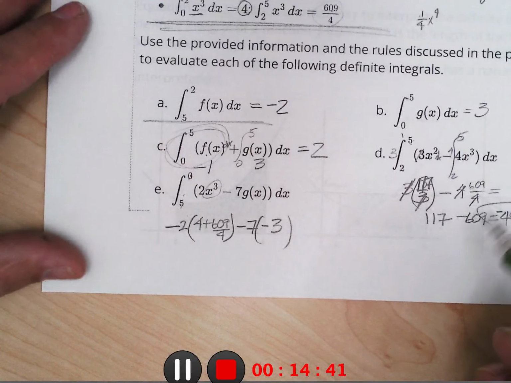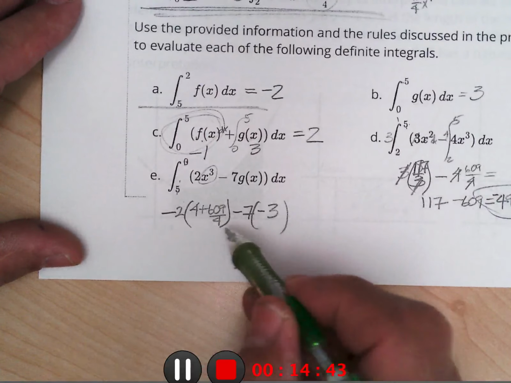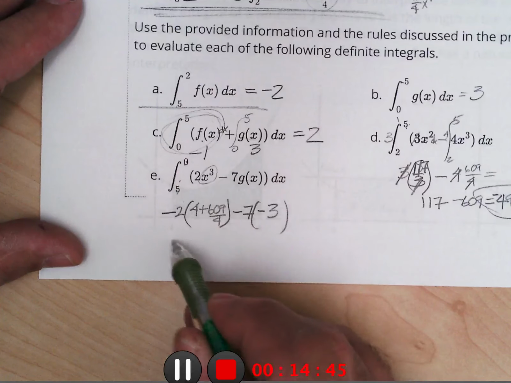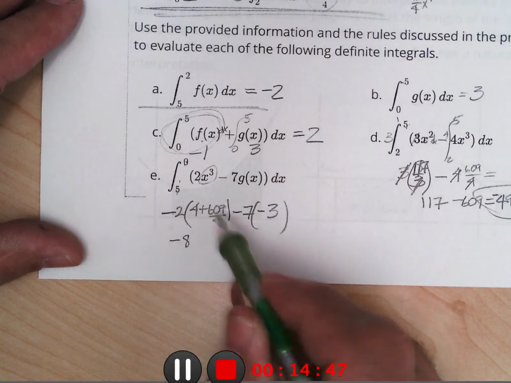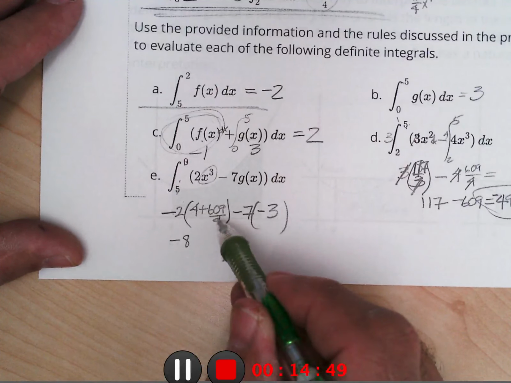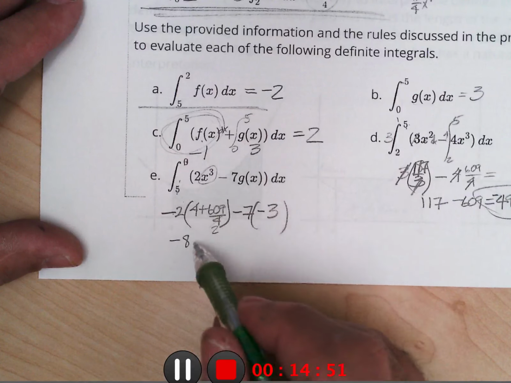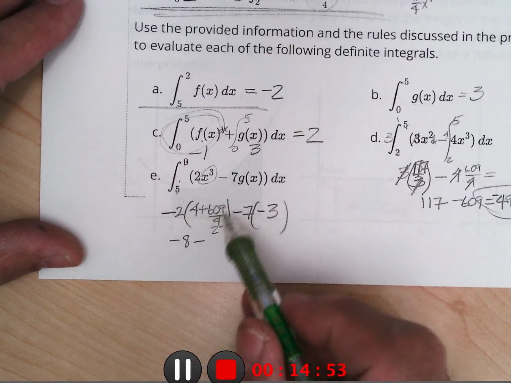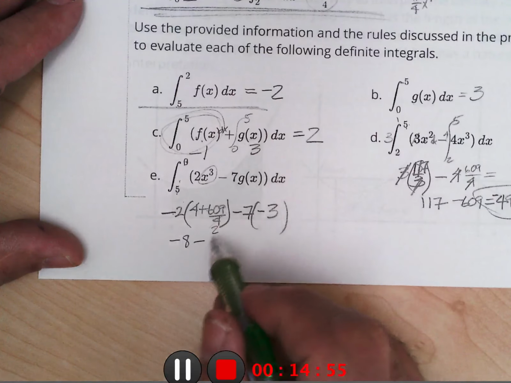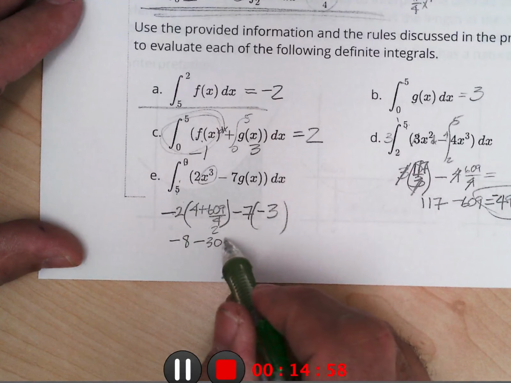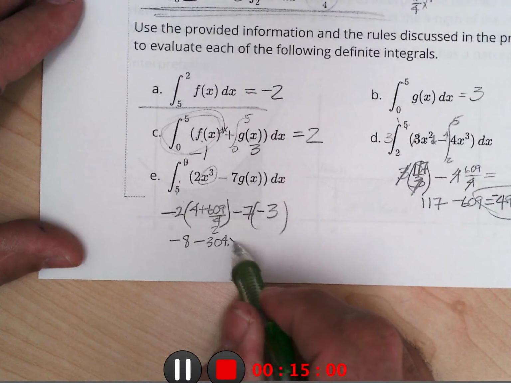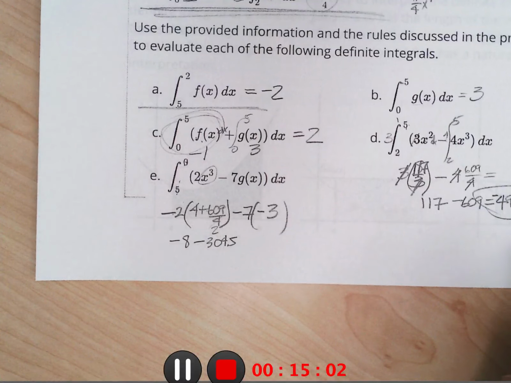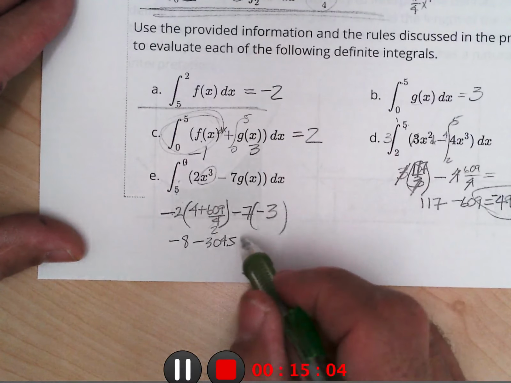So we get -8. 2 times this would cancel, so make it 2, and so we get negative because of the negative, and half of 609 is 304.5. And minus 7 times minus 3 is plus 21.